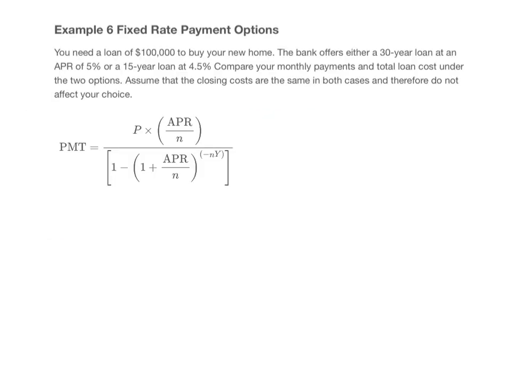To see another example of the total interest amount that accumulates, let's look at an example that deals with a mortgage. Right, so let's consider a home that costs $100,000, or that's the amount of the mortgage that needs to be borrowed. And let's say you have two choices, either a 30-year loan with an APR of 5% or a 15-year loan with an APR of 4.5%.